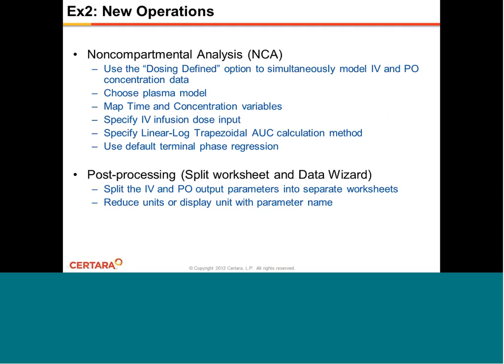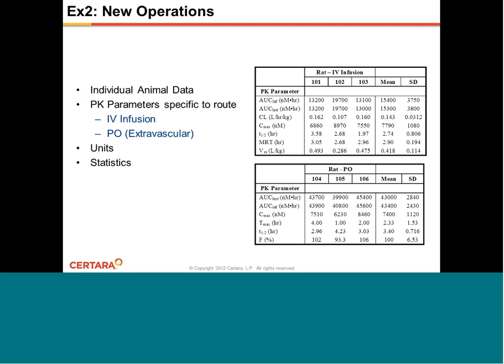You can map time and concentration variables and specify the AUC calculation method. Then for the post-processing, you can split the worksheet and use the data wizard to split IV and PO output parameters into separate worksheets, as well as reduce units or display the unit with the parameter name.